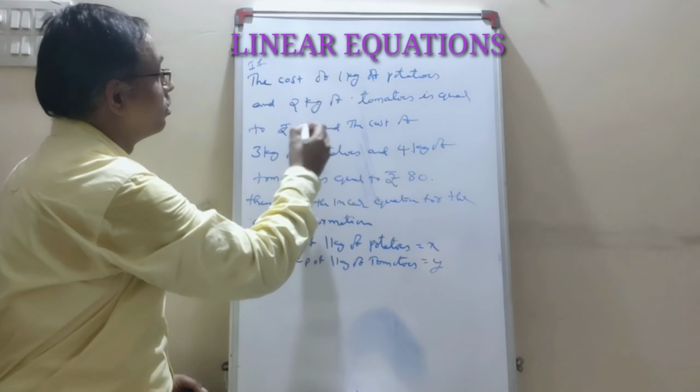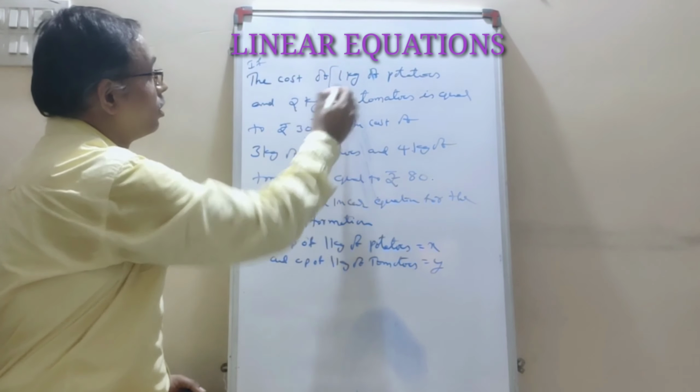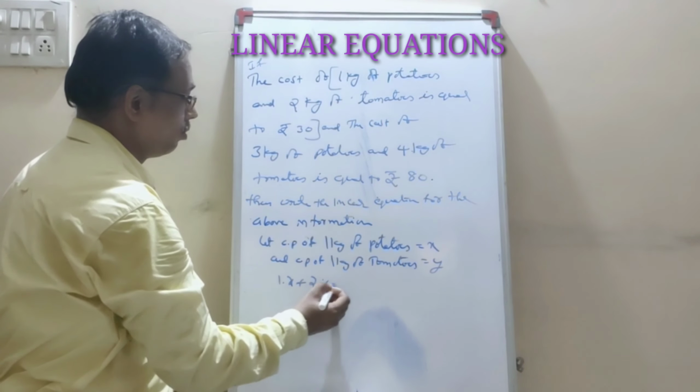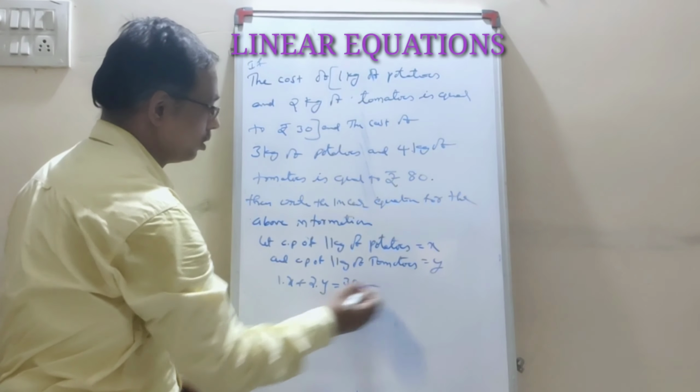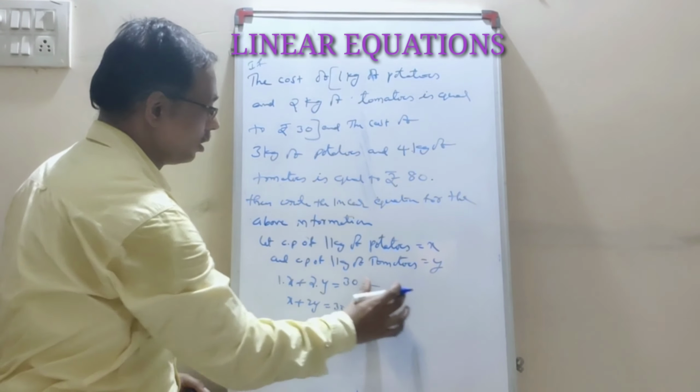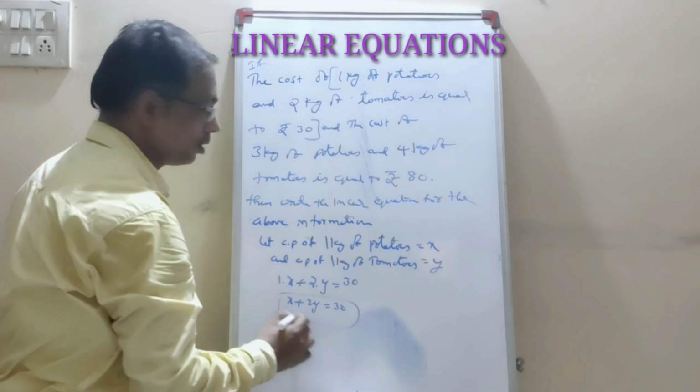So from here to here, we can write 1 into x plus 2 into y is equal to 30 rupees. That is x plus 2y equal to 30. Okay, this is the first equation.